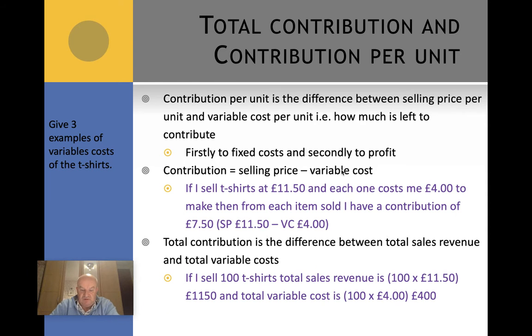That means we've created a total contribution based on that set of transactions of £750. Total sales revenue of £1,150, take away our total variable cost of 400, leaves us with 750 as our total contribution.